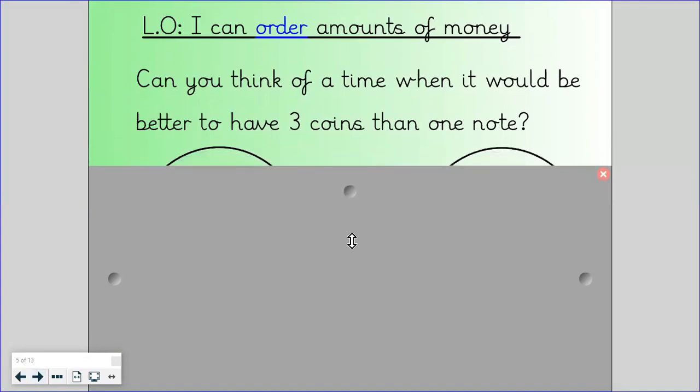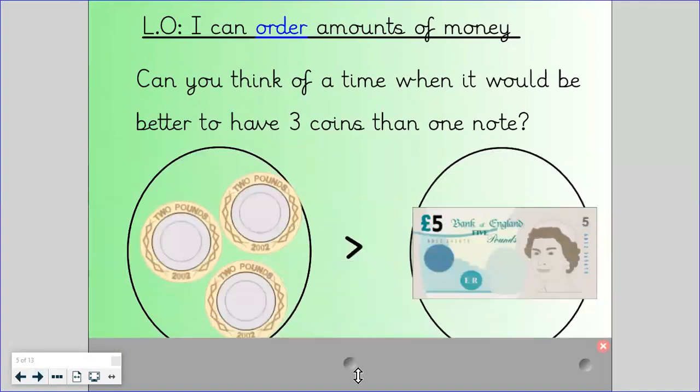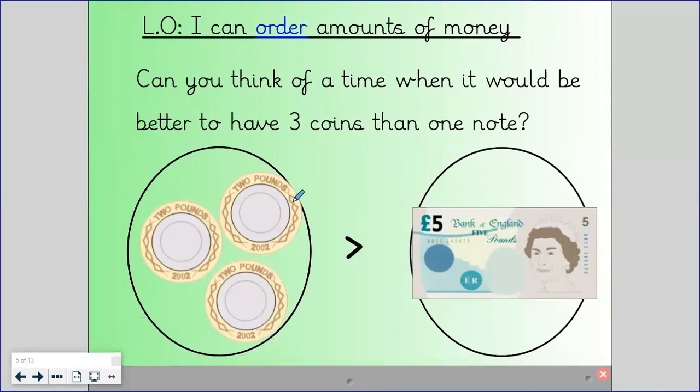Here is my answer, look. Is it better to have 3 £2 coins, which makes £6, or a 1 note that's £5? Obviously, the 3 coins are of a higher value.